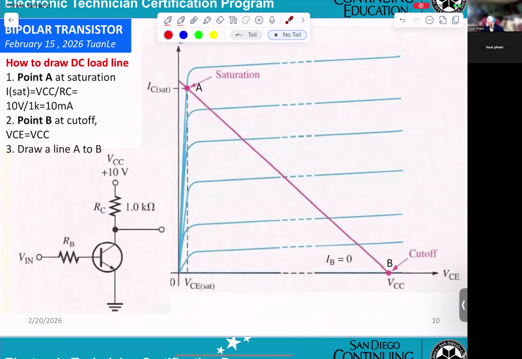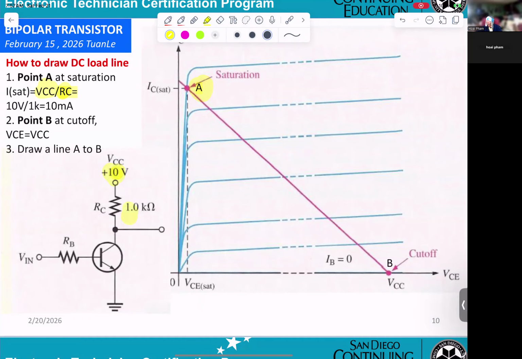So now how to draw? First thing we need to draw point A. Point A, at saturation, I saturation equals VCC divided by RC. That will be 10 volt divided by 1K.